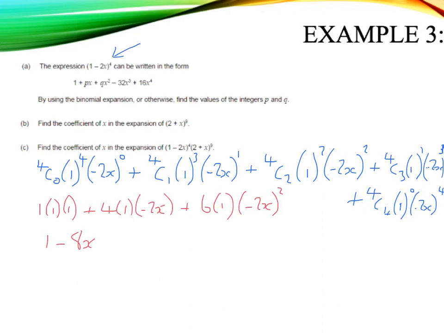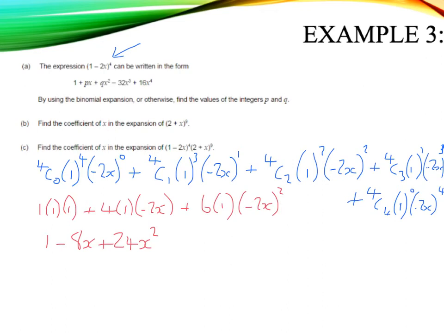So minus 2x all squared is 4x squared. Multiplied by 6 is 24x squared. Okay, don't forget when you're squaring it, you also need to square the minus 2. That's why I put it all in brackets.